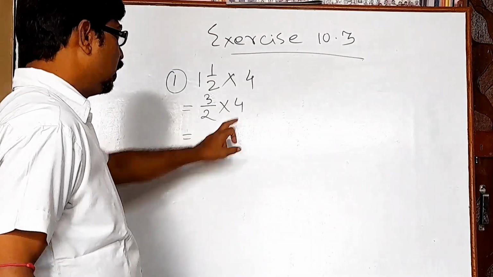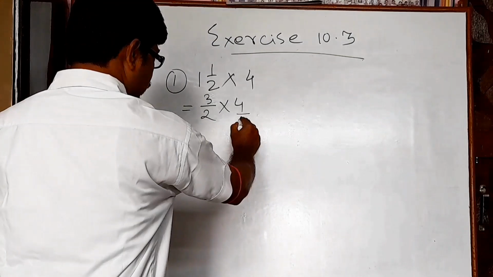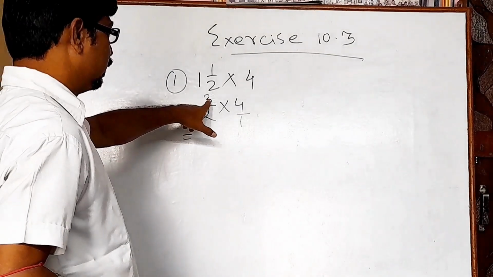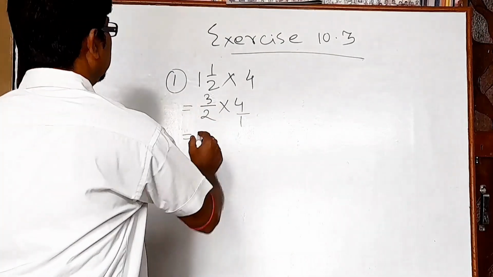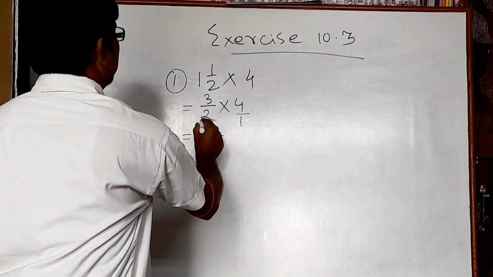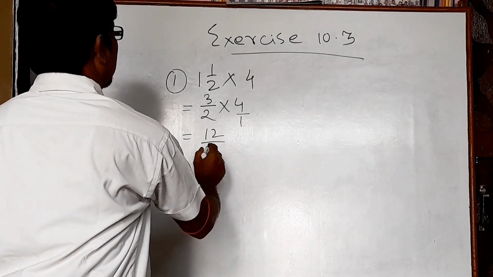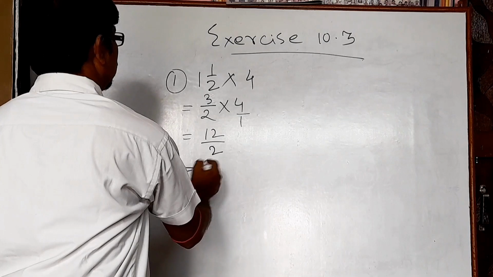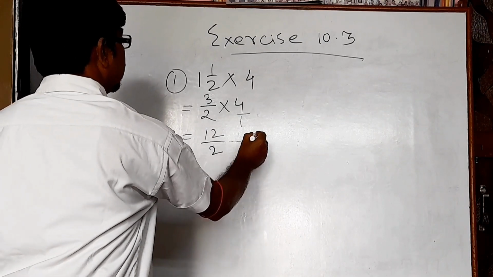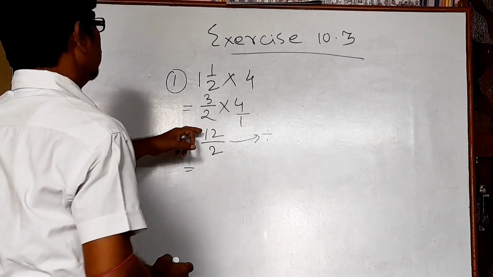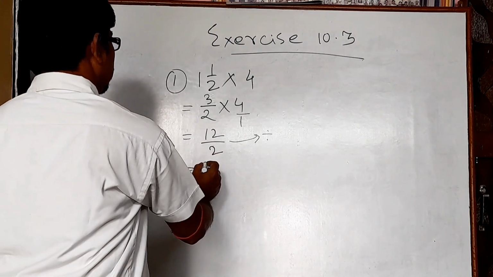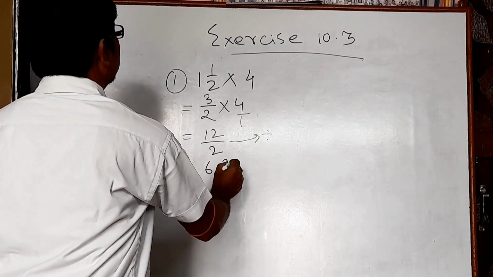Remember that. Here no denominator means you can write 1. So 3 into 4. 3 4s are 12 and 2 1s are 2. This is the division sign. So 12 divided by 2 is 6. So 6 will be the answer.